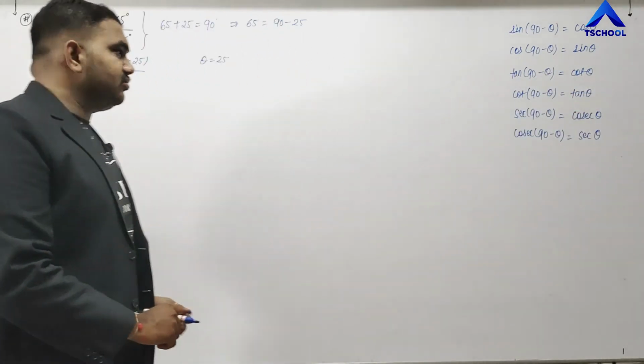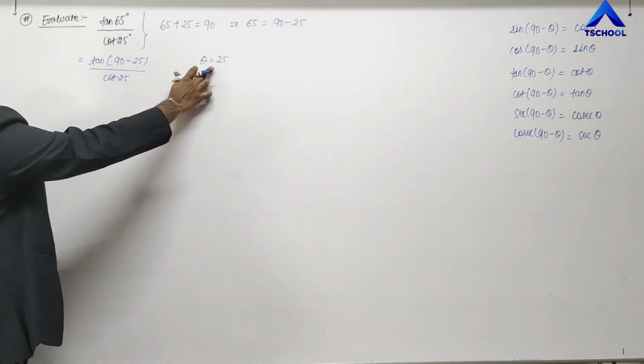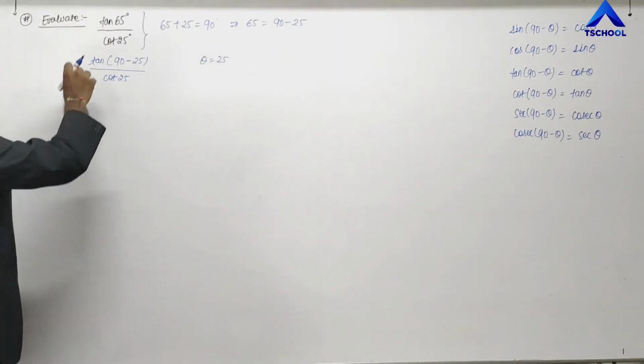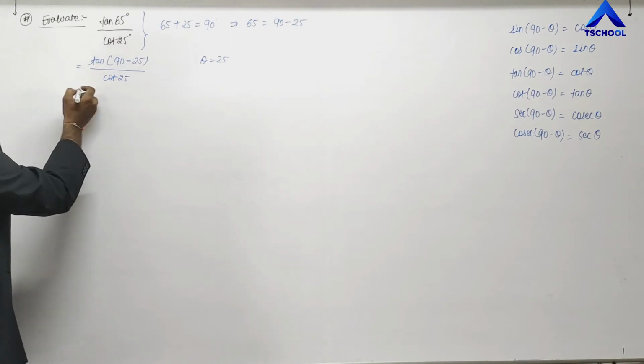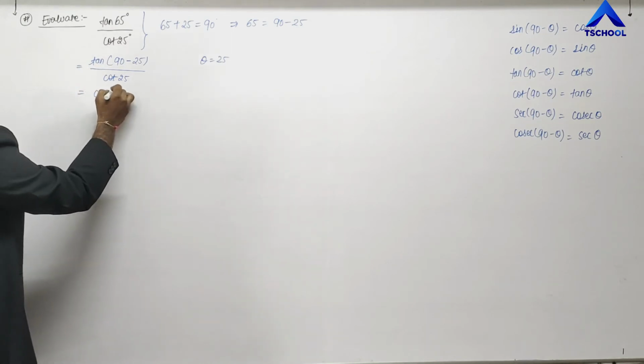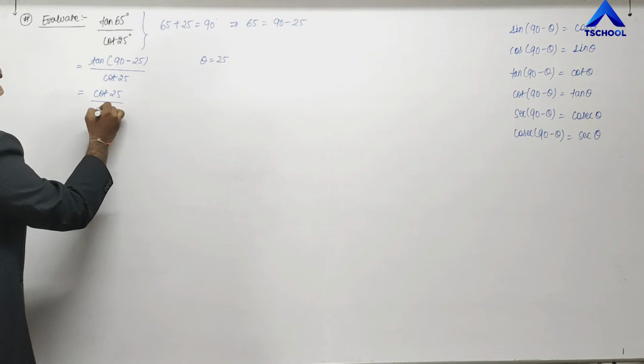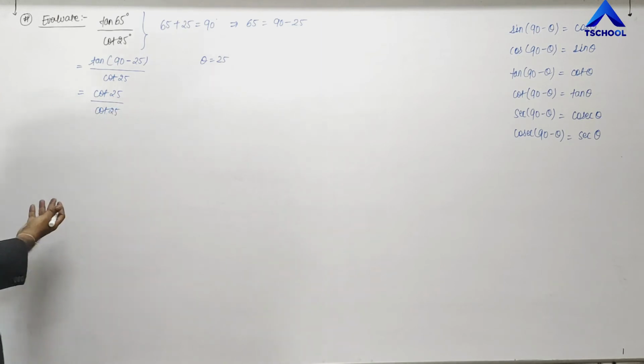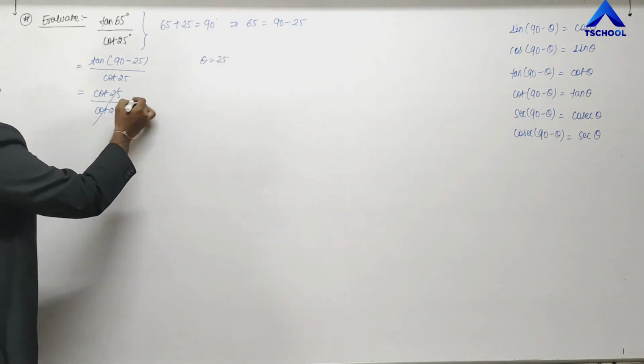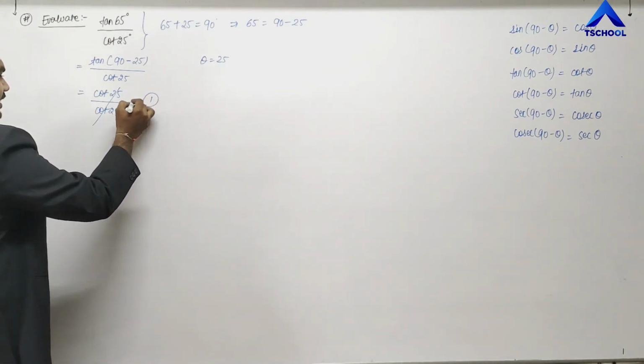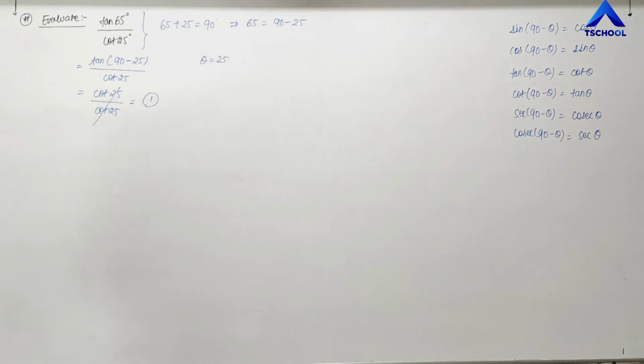Yes, that is equal to cot theta. So what is our theta that we have assumed? That was 25. So we can write cot 25 upon cot 25. Oh, that is the same in the numerator and denominator. No problem. Simply cancel and the answer is 1.